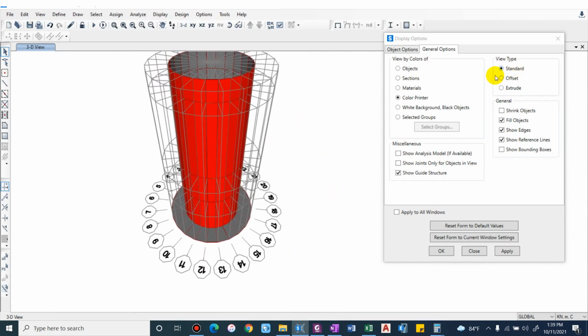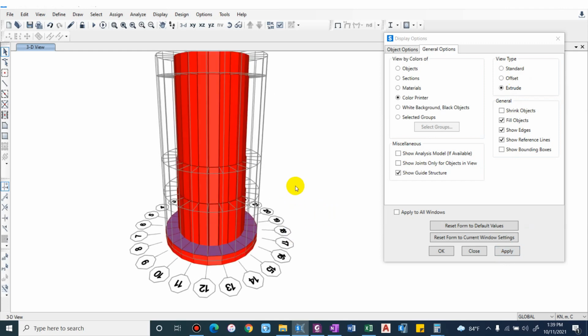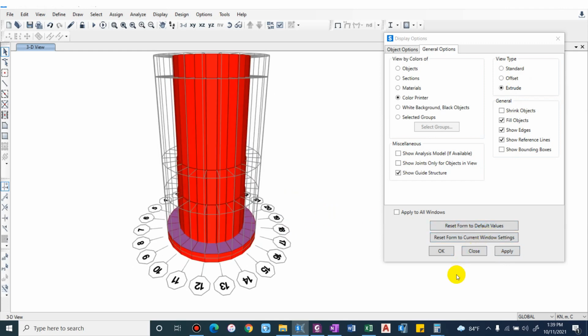Okay, so there shouldn't be any problem now.